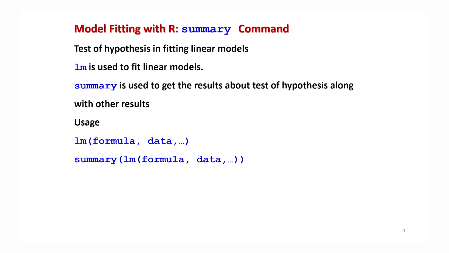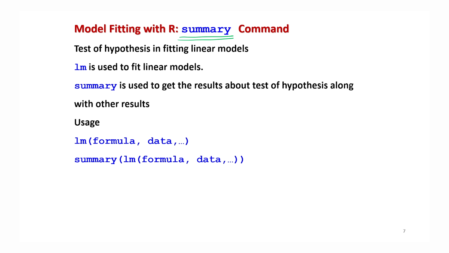Now, to get the information about the test of hypothesis and other aspects, we use the command summary. You can recall that the summary command has been used in different contexts.